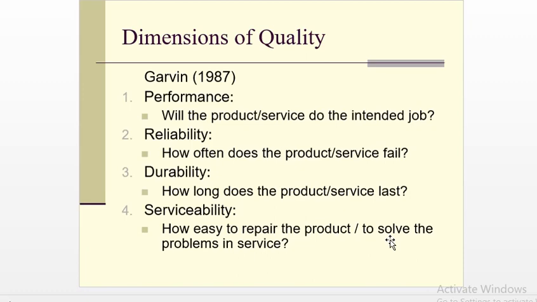It is one of the dimensions. Then reliability: how often does the product or service fail? Then durability: how long will the product keep giving service? And the last one is serviceability: how easy is it to repair the product or solve the problem in the service. So this is another dimension of quality as perceived by the customer.